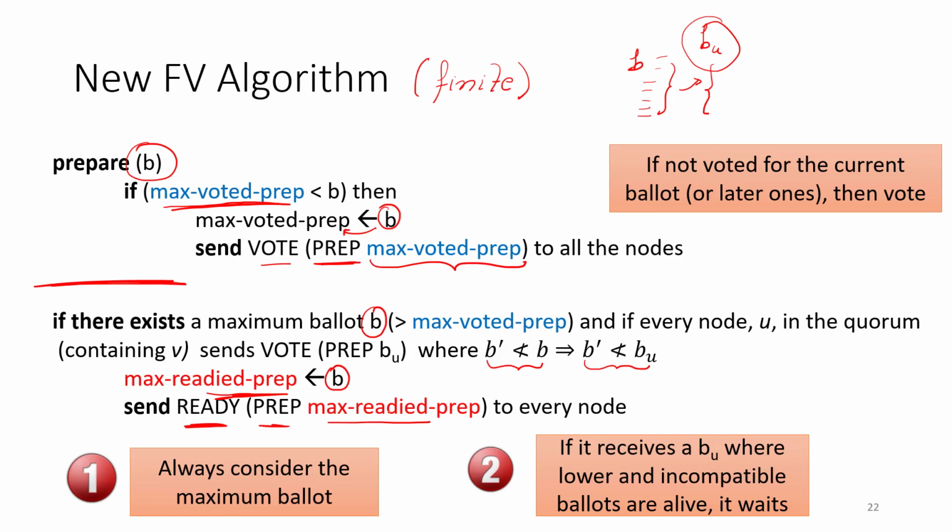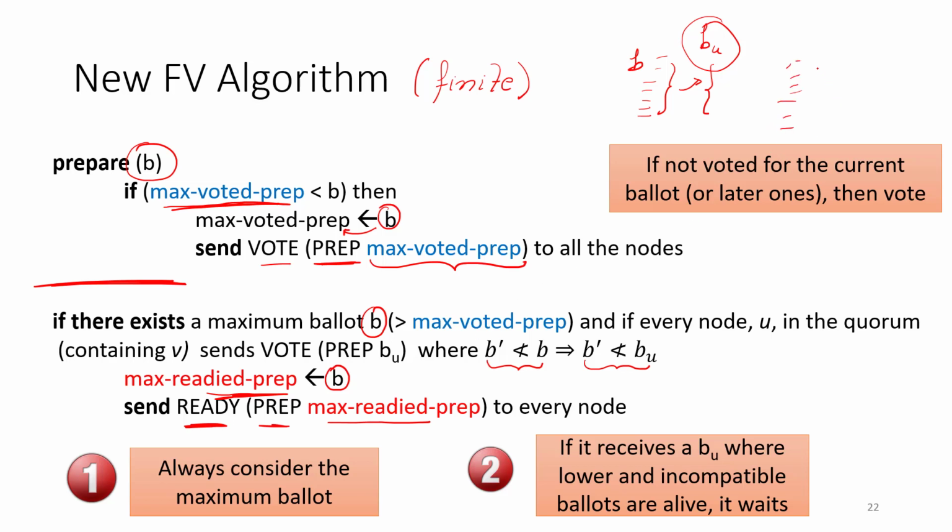So here, instead of maintaining a Boolean state as we were doing earlier, we are only increasing the numbers of max voted prep and max ready prep. So this is like the same thing. It's like saying for a given round, I'll vote only once. In other words, that is tantamount to saying that I'll monotonically increase the round number.